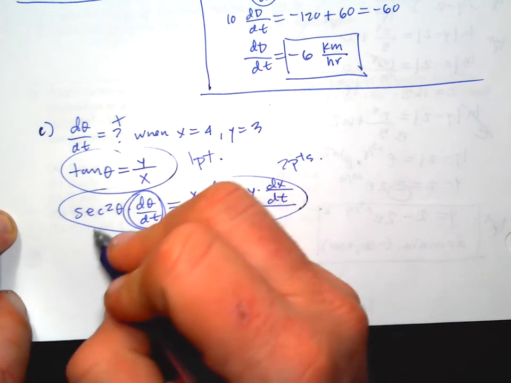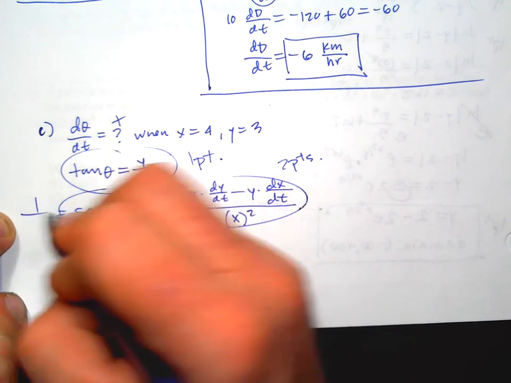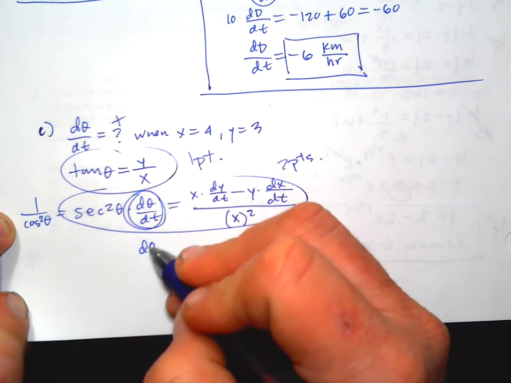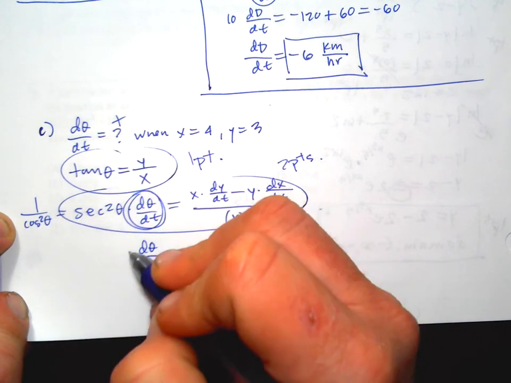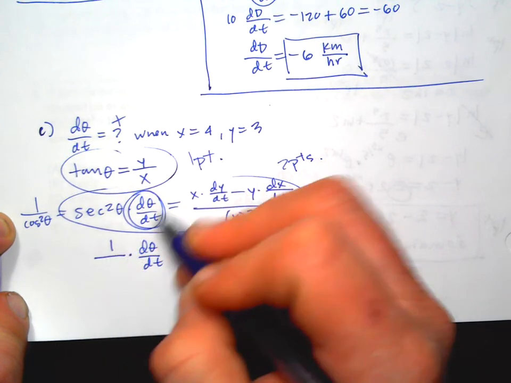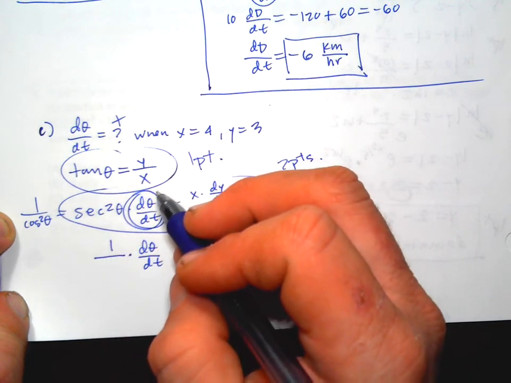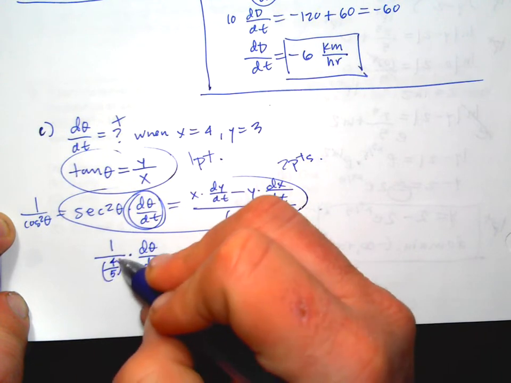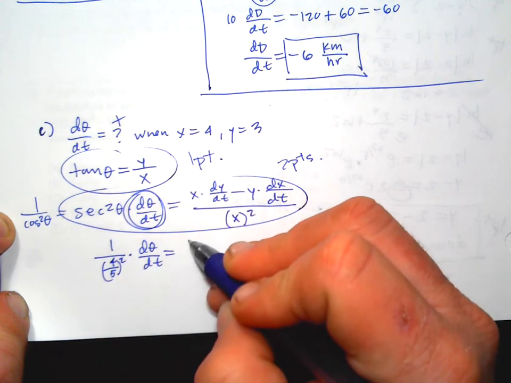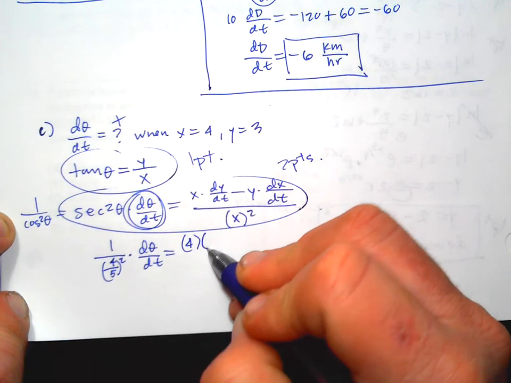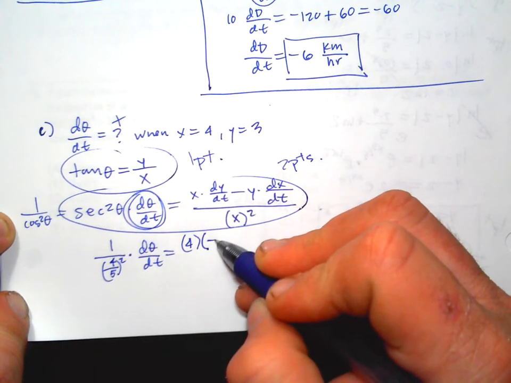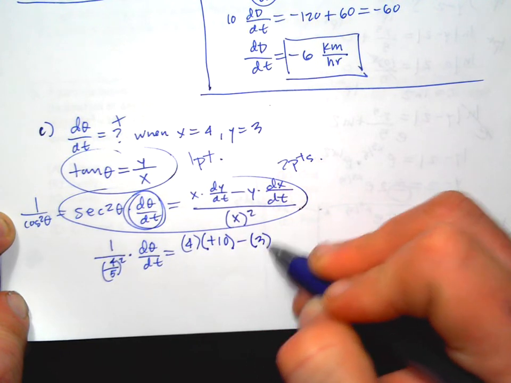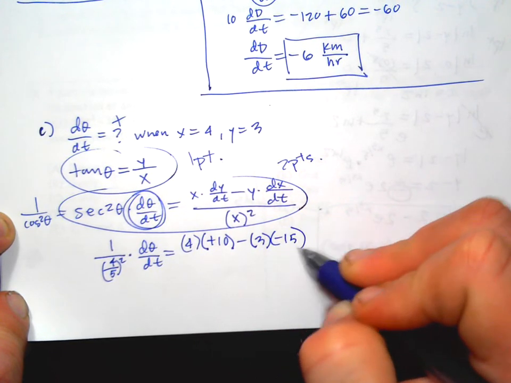Now secant is 1 over cosine, right? And cosine is adjacent over hypotenuse. So going back to the original triangle, adjacent to that angle is 4, and the hypotenuse is 5, and then it gets squared. Over here, x is 4, dy/dt was positive 10, minus y was 3, dx/dt was negative 15.